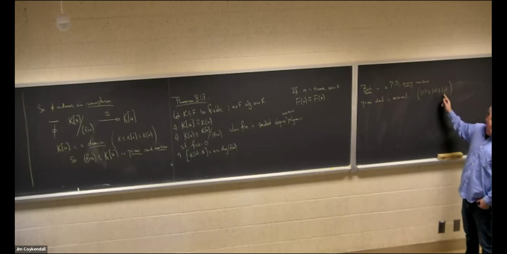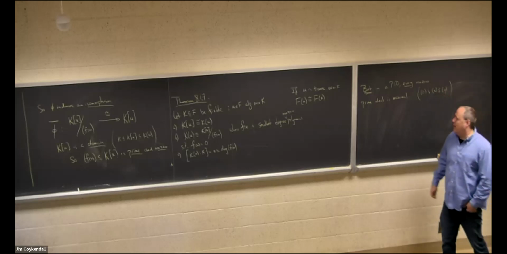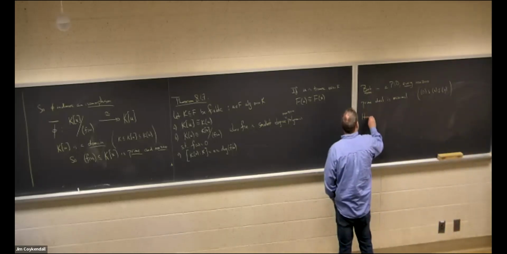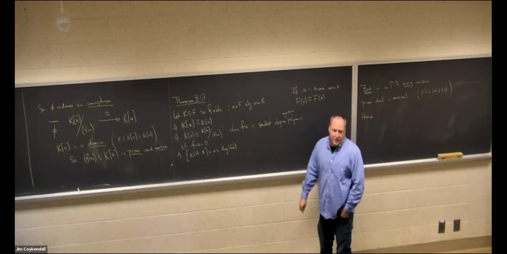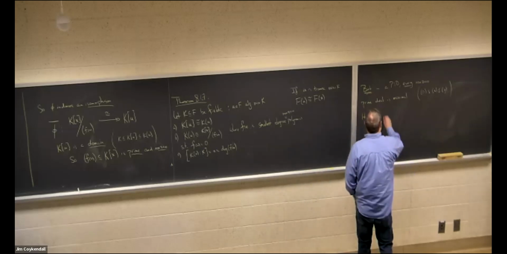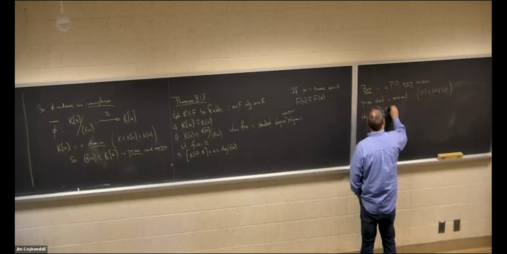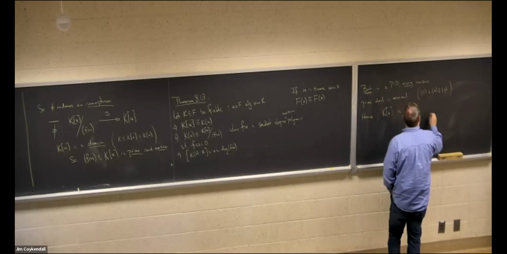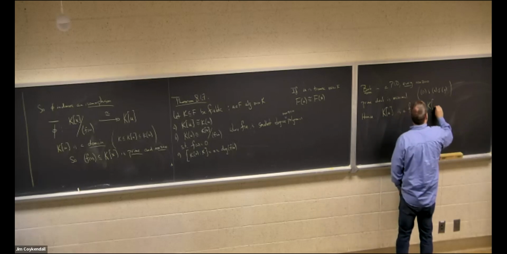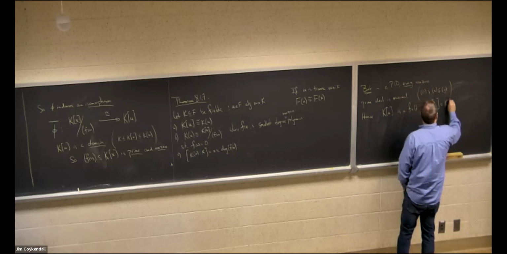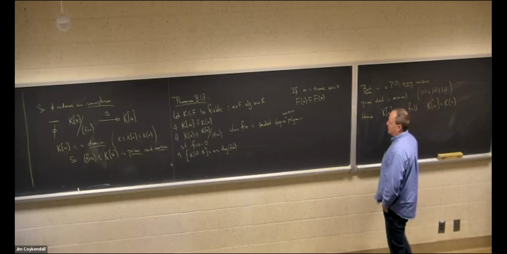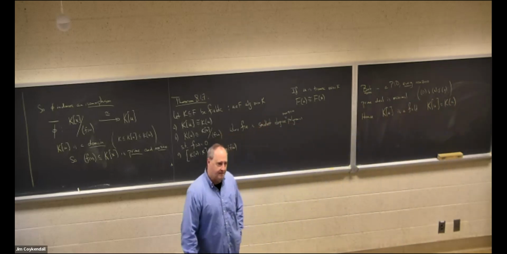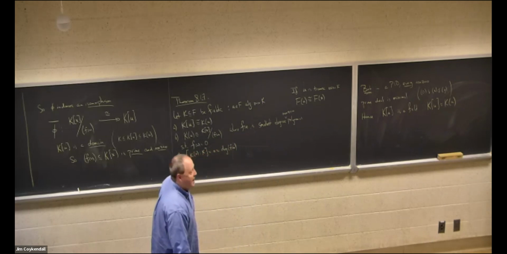You can come to the conclusion that this is the entire ring. That's fairly straightforward. Hence, that prime ideal generated by f of x is maximal. K[u] is a field, and so K[u] is equal to K(u). That's kind of cool.